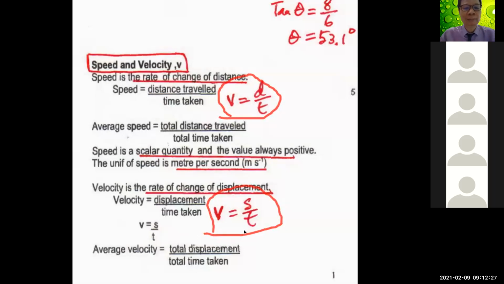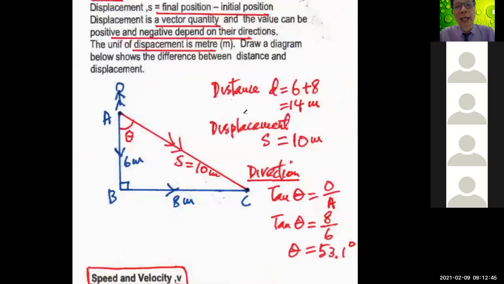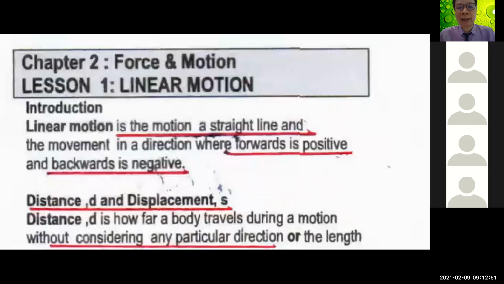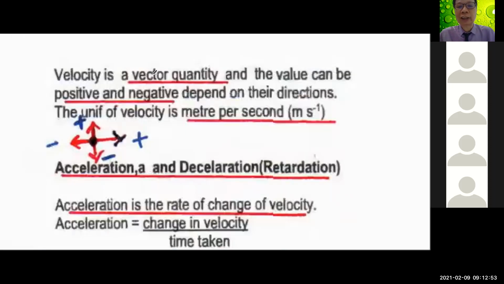So you must be very clear and know the differences between speed and velocity, between distance and displacement. Okay? Form 4 is like that. You need to learn more things, more precise, more accurate. Now we move into the next one. Velocity is a vector quantity. You already know, taking direction into consideration, so it's a vector quantity.